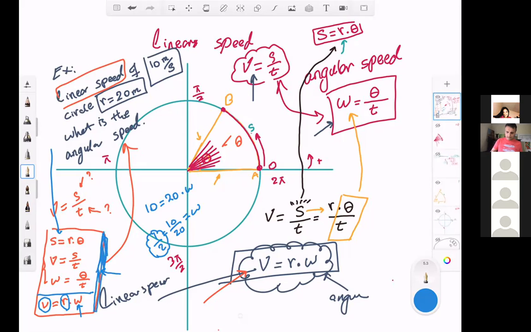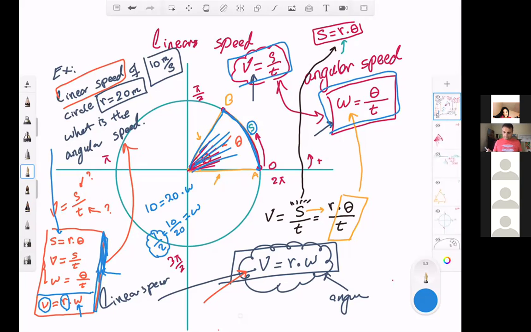It makes sense to you guys now. S, this length, this arc, will be R multiplied by theta. We talked about this. Now we are dealing with linear speeds. I want you guys to just visualize it. And then omega, which is angular, is the speed of the theta here.